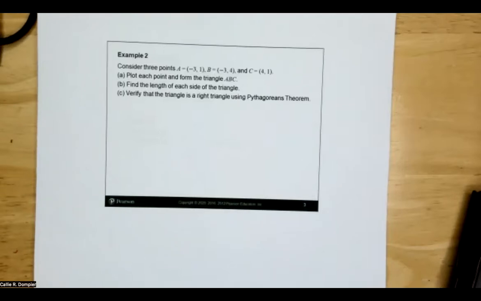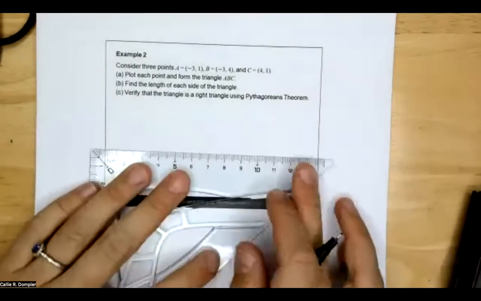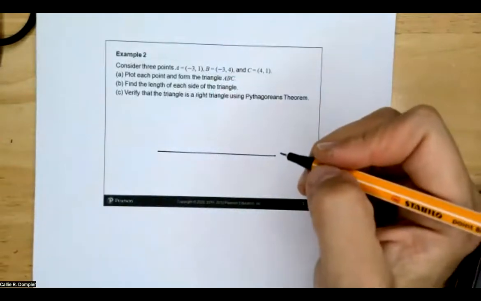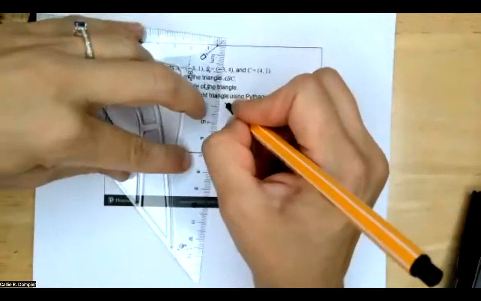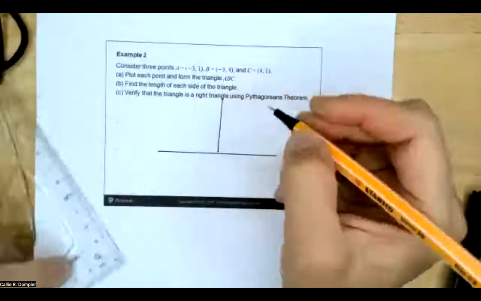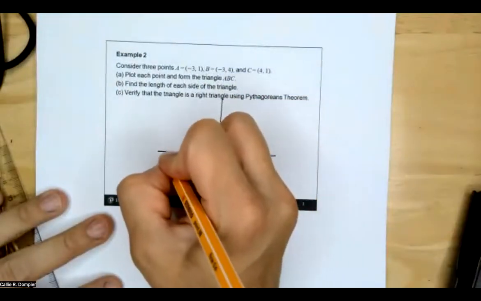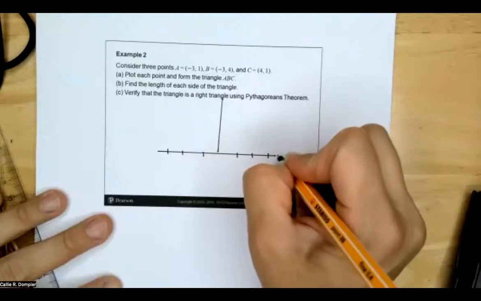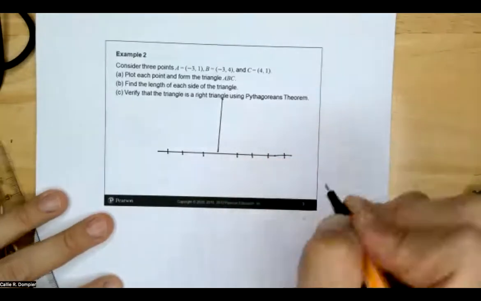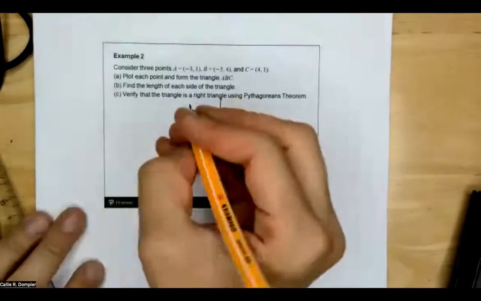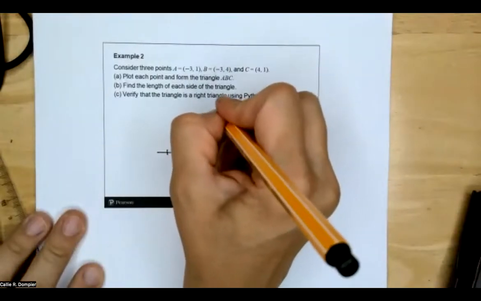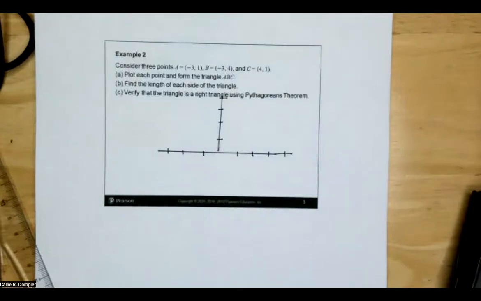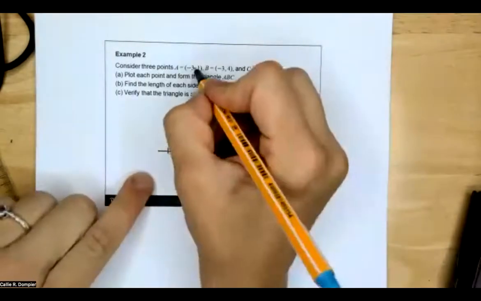All right, I'm going to plot the points. We said that we had the points (-3, 1).